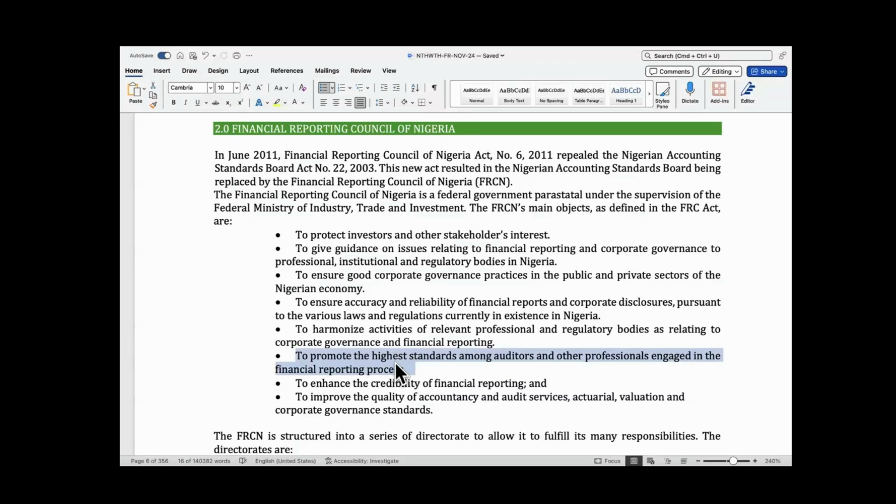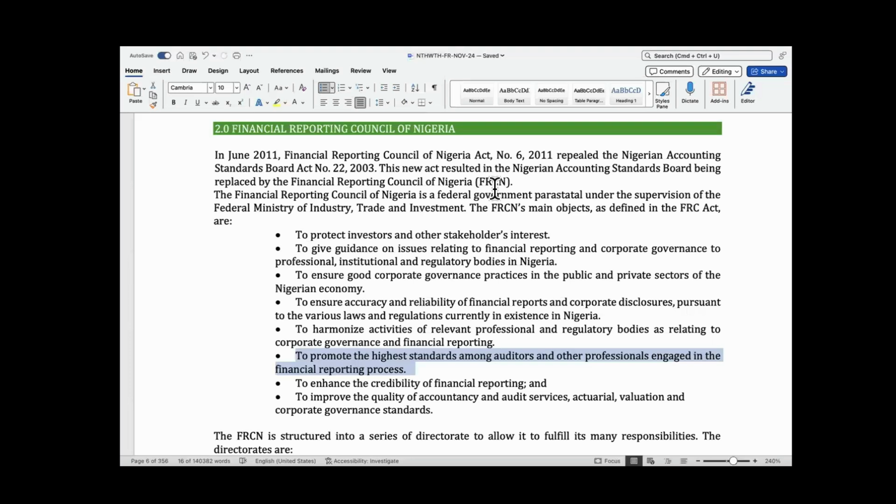You can walk into FRCN, then register. In fact, every professional that is engaged in the financial reporting process must register with FRCN. If you are a valuer, for example, before you can value assets for companies, you must register with FRCN. You must have an FRCN number. Otherwise, that your valuation report, they can't use it in the financial statement.